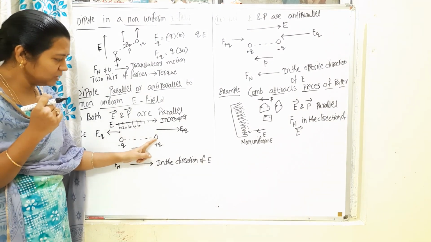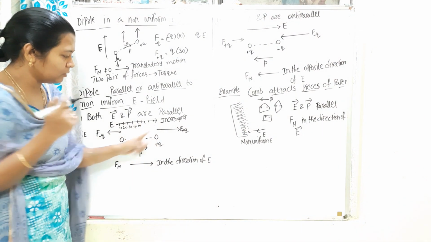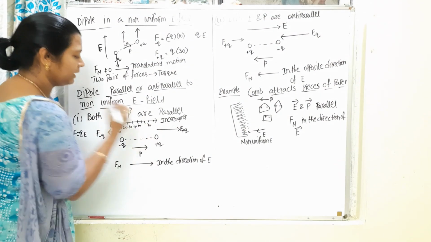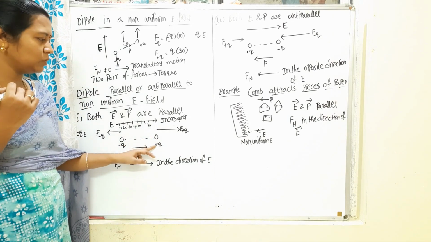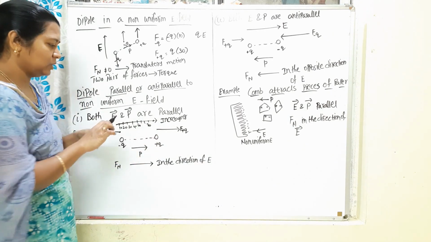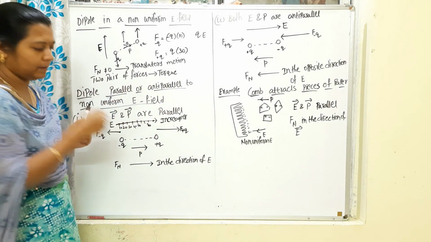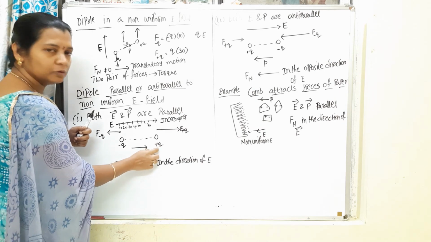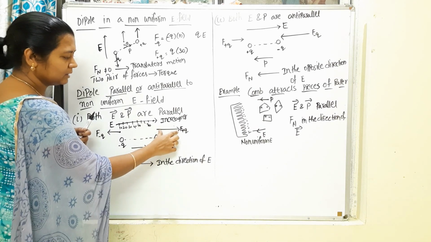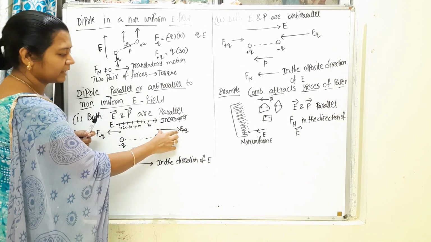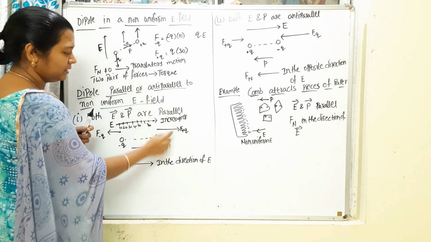Now here at this point, the electric field strength goes on increasing. Let us say it is 70. Now what is the force on the plus q charge? The test charge experiences strong repulsion due to this plus q. So this is the force acting on plus q in the right side direction.